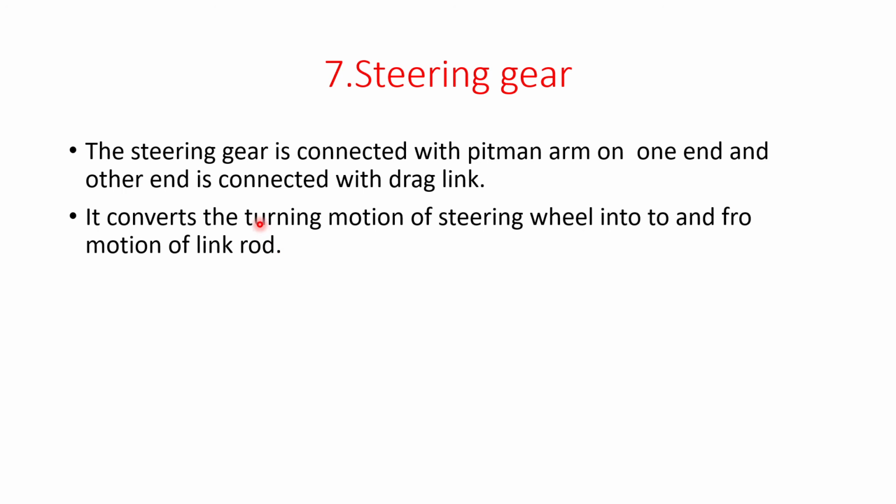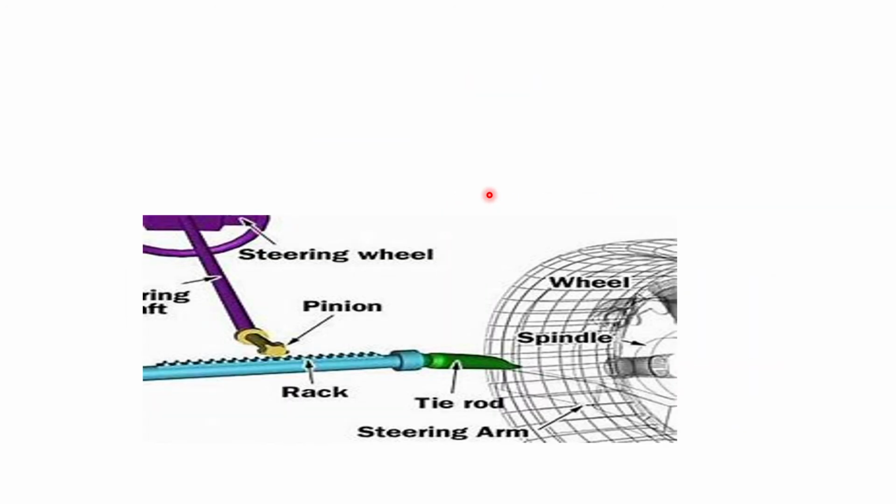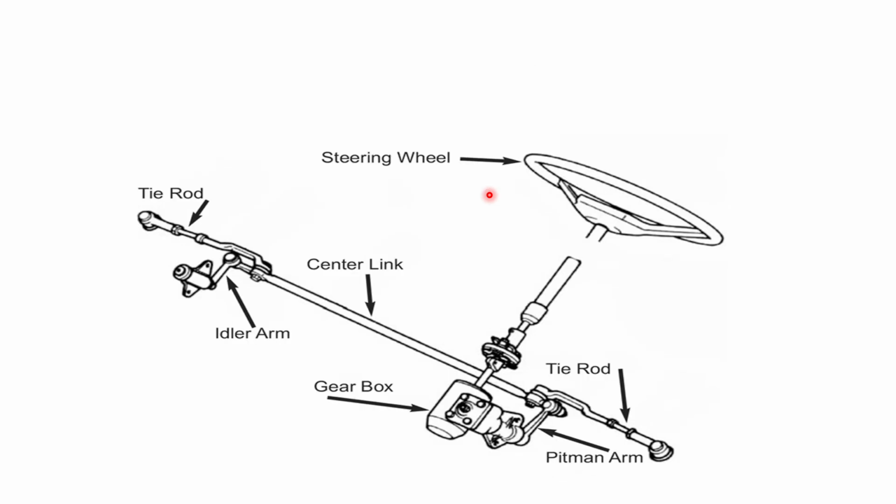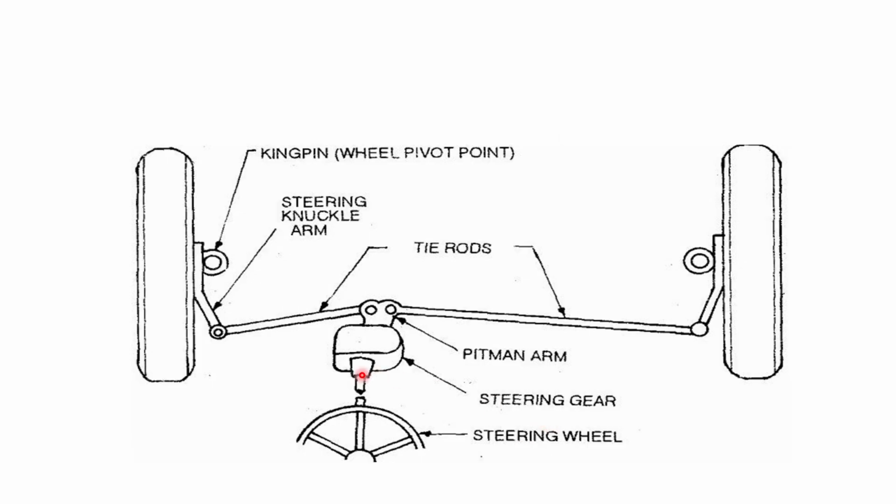The steering gear is connected with the pitman arm on one end and the other end is connected with the drag link. You can see that here also. This is the pitman arm and the other end is the drag link end.